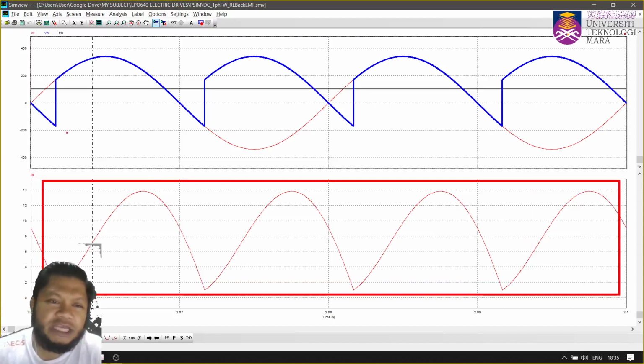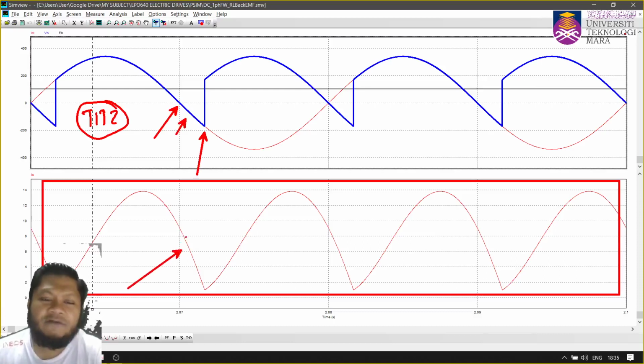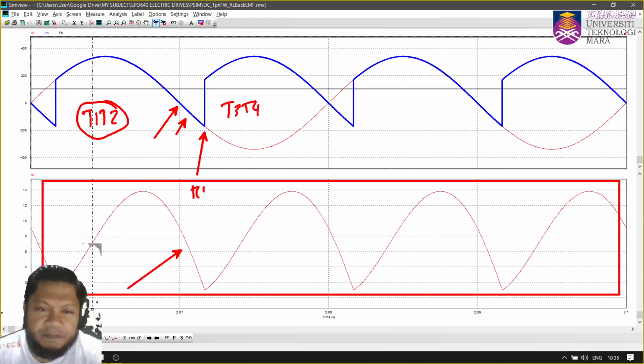Therefore, it will force thyristor 1 and thyristor 2 to stay on until you trigger thyristor 3 and thyristor 4. This is the area where thyristors 2 and 1 operate, and this is the zero crossing. Thyristor 1 and thyristor 2 will experience negative or reverse bias, but because the current is still flowing in the output, they stay on until you trigger thyristor 3 and thyristor 4 at pi plus alpha.